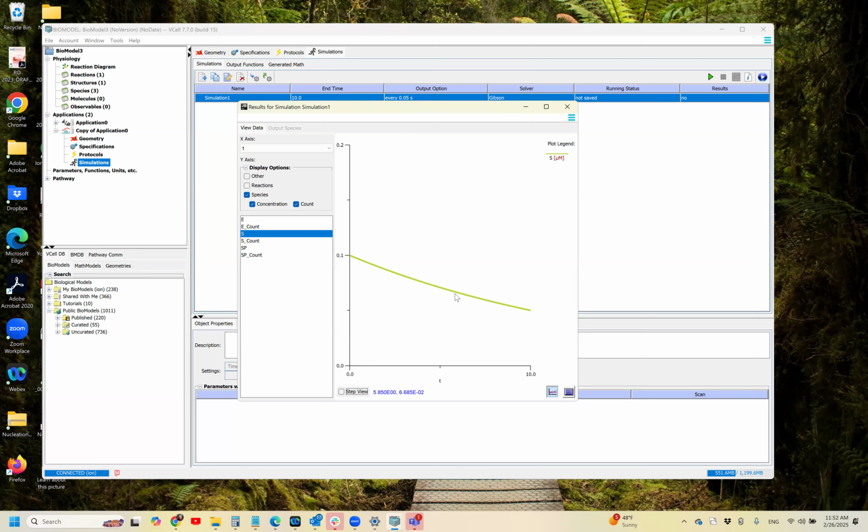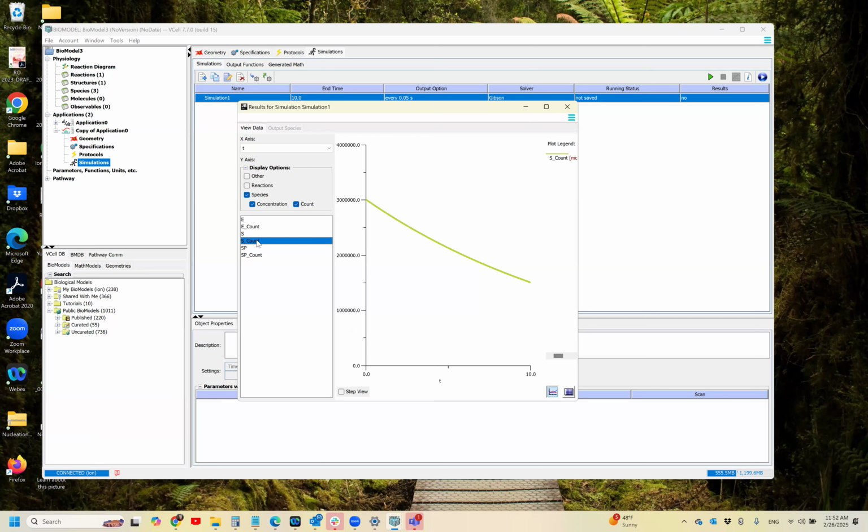One other thing to point out is that in the display screen of results from a stochastic application, you will again have two ways of displaying your results, either as a concentration or as an actual count of molecules.